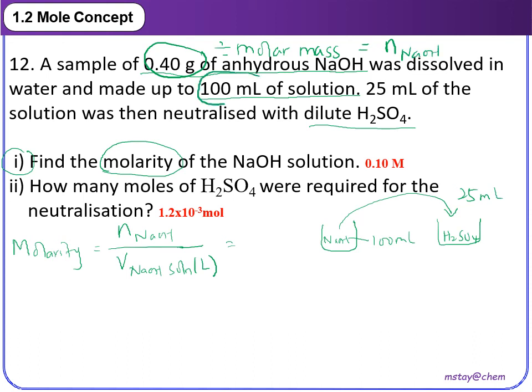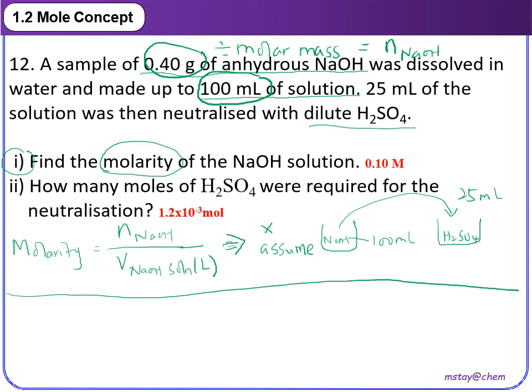Volume of solution is also given. We only need to convert to liter. Then we are able to determine the molarity. So in this question, part 1, no assumption is needed. Okay, so now we proceed to part 2.